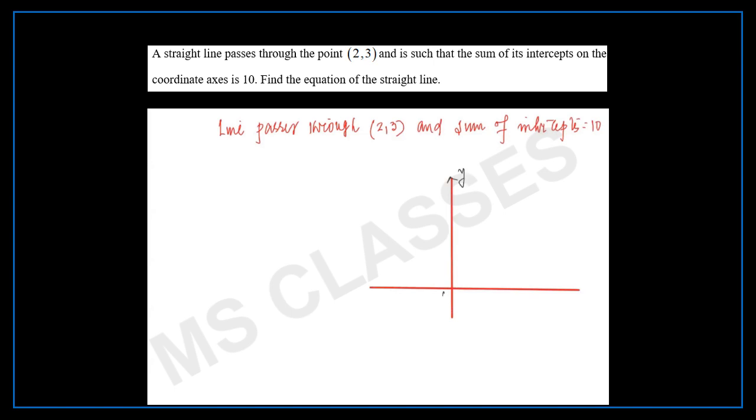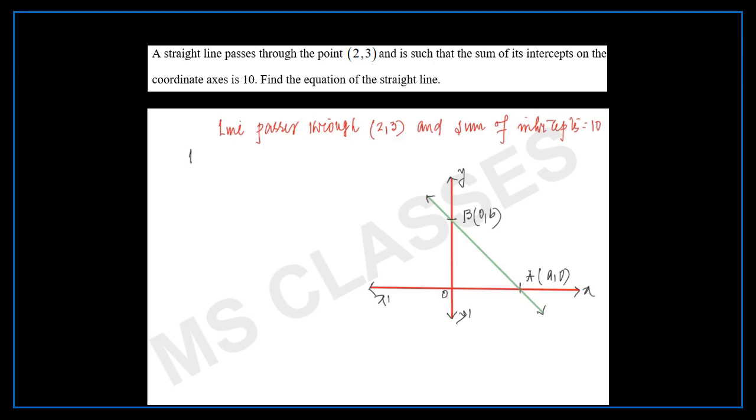Here we will take a line having intercepts on the x-axis and y-axis. So we take this line, and we assume on the x-axis the intercept as (a, 0), and on the y-axis we take the intercept made by the line as (0, b).